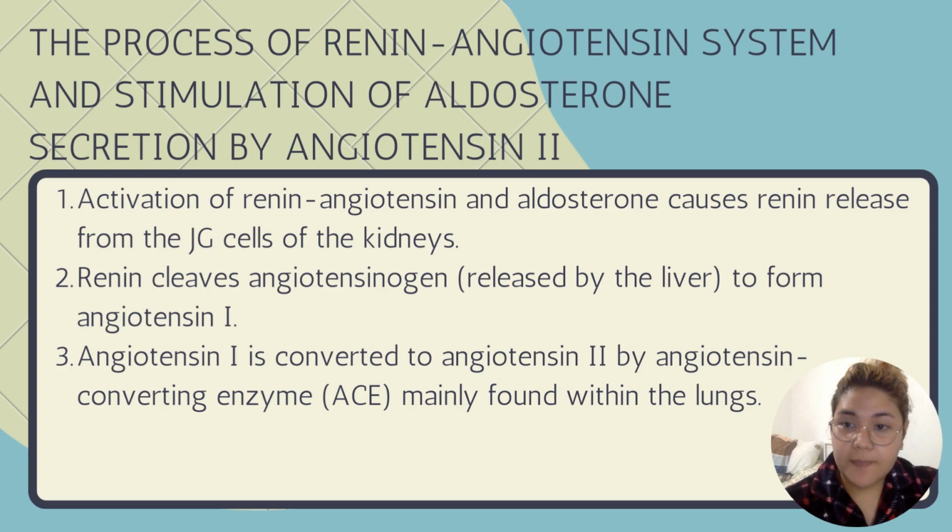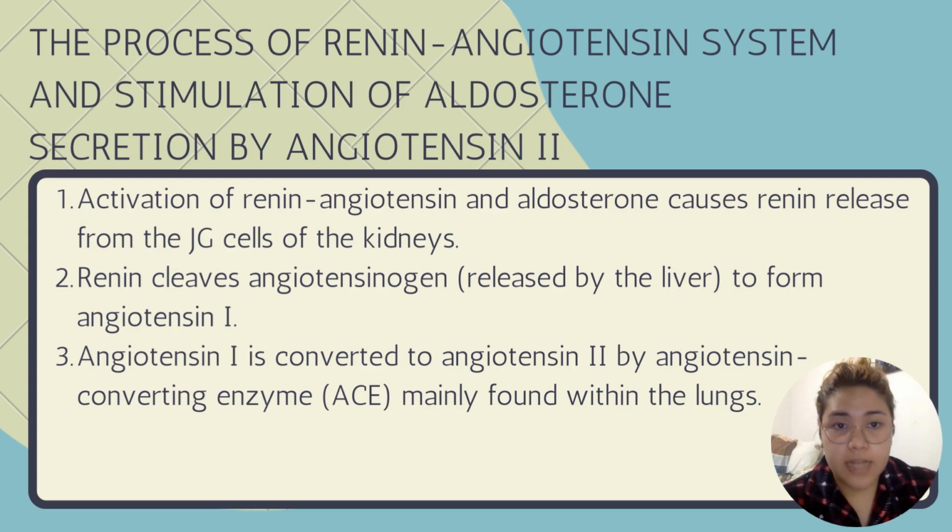And the last step, angiotensin 1 is converted to angiotensin 2 by angiotensin converting enzyme or ACE, mainly found within the lungs. So angiotensin 2 is the active component that activates the renin-angiotensin-aldosterone function to facilitate blood pressure regulation.